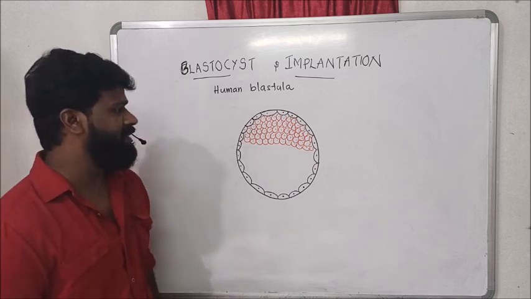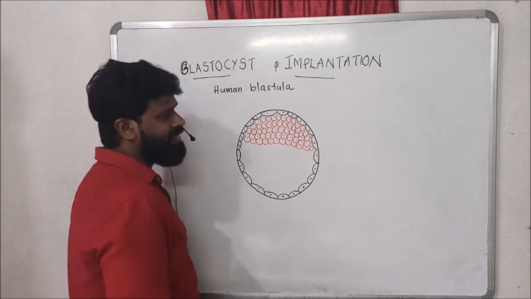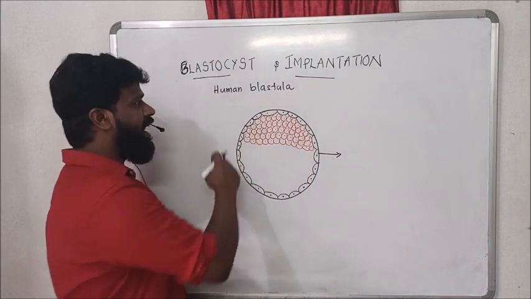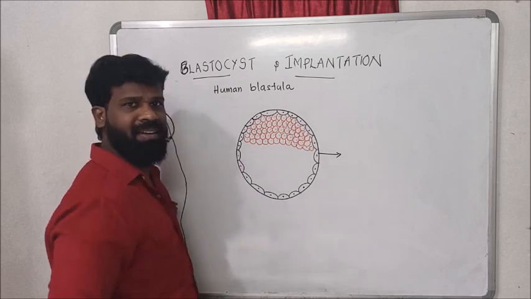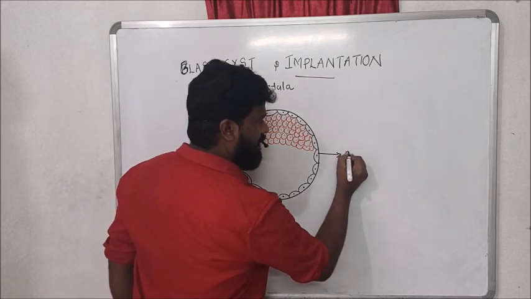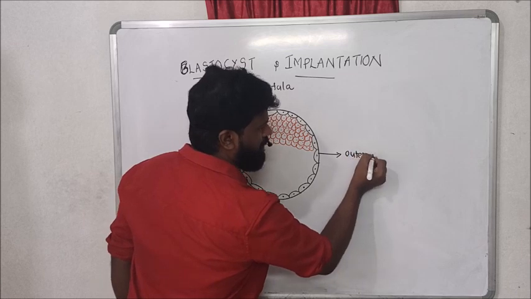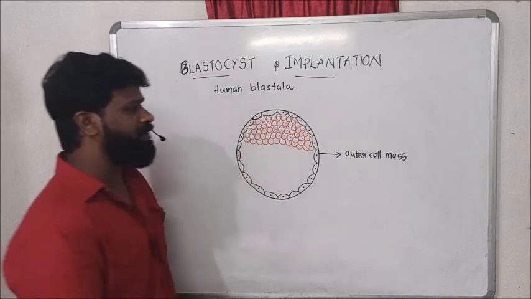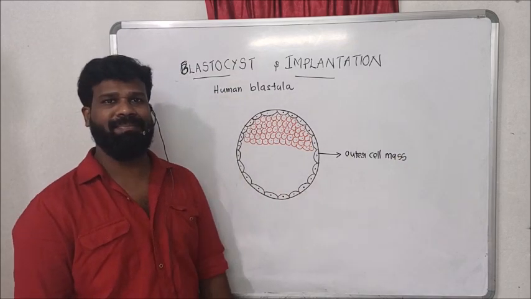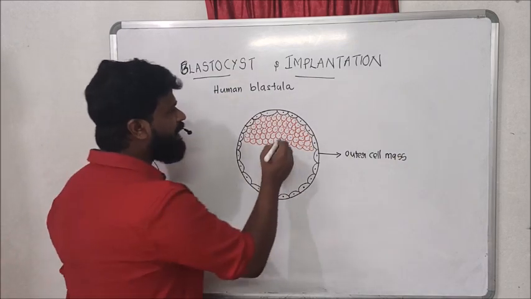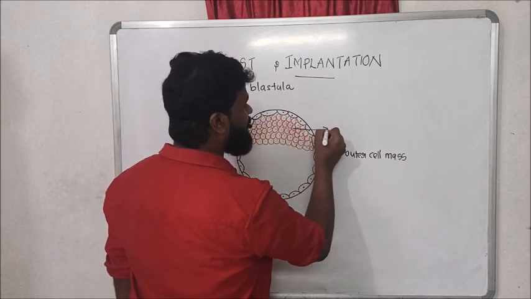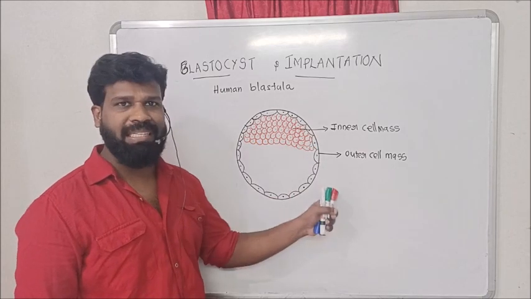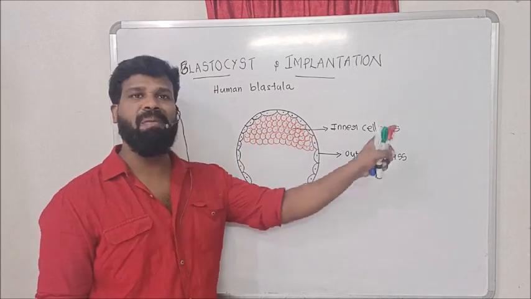In humans, this blastocyst consists of an outer layer of cells, the outer cell mass, and a group of inner cell mass. So this blastocyst consists of outer and inner cell mass.